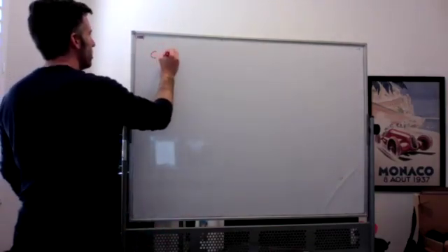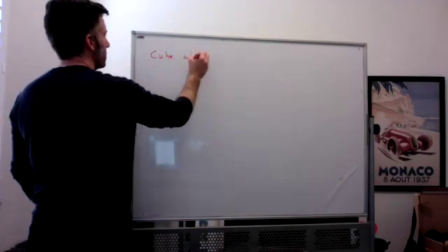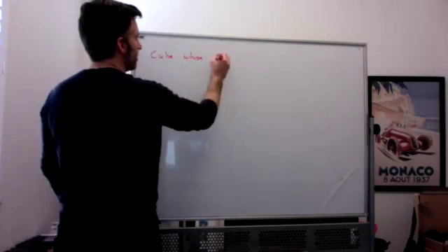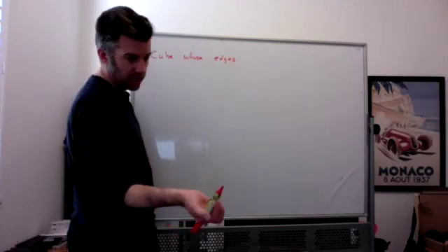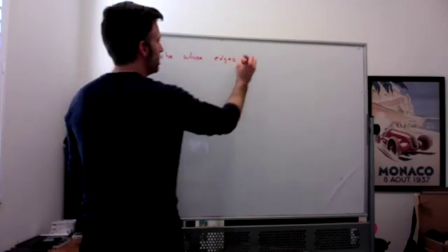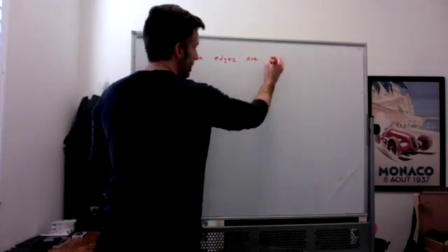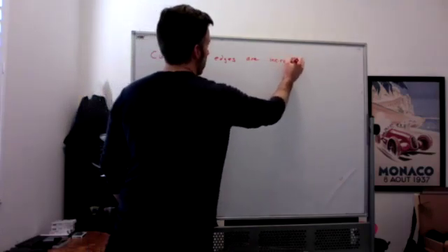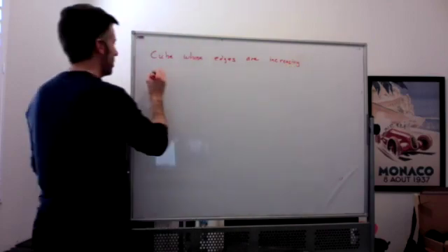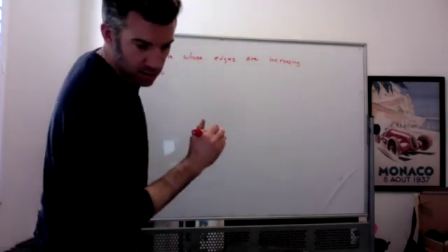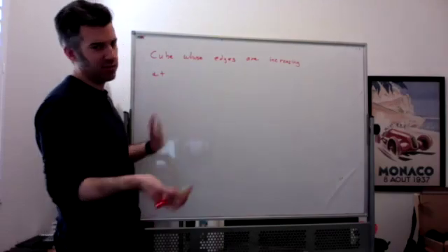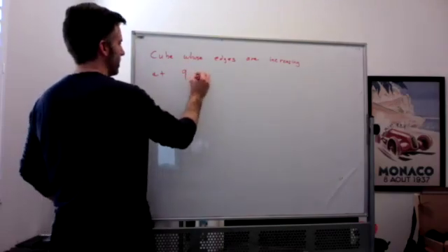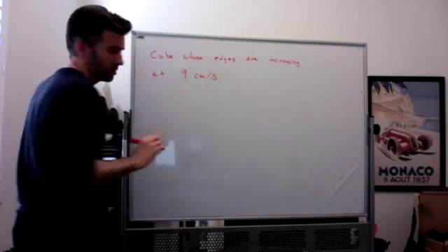So we have a cube whose edges, or sides, if you will, side lengths, whose edges are increasing at 9 centimeters per second. I guess people have this problem with various numbers. 9 centimeters per second.